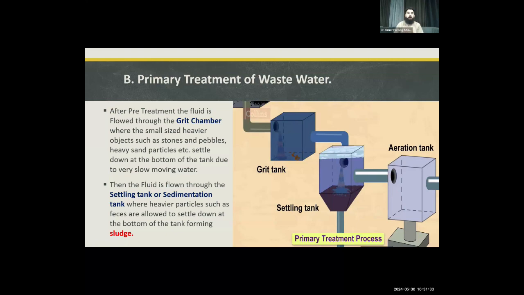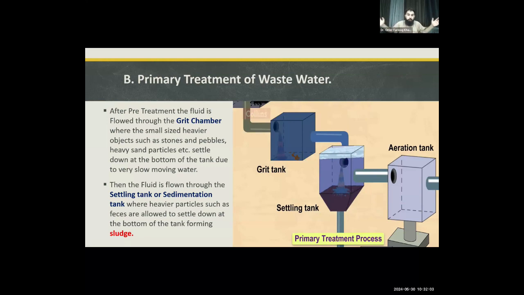After pre-treatment, the fluid flows through the grit chamber, where small, heavier objects such as stones, pebbles, and heavy sand particles settle down at the bottom of the tank due to the very slow-moving water. The speed of the water in a treatment facility is very slow. It's not like a river flowing, or like stream water.